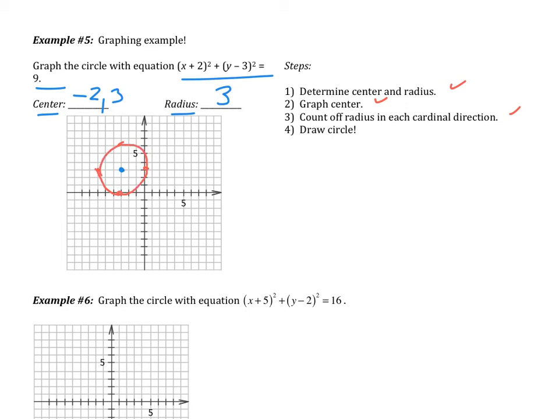Don't make a diamond, please, because it's a circle, so curve it through the 4 points that you created. All you're doing is going from the center north 3, west 3, south 3, east 3, because that's what your radius is. That gives you enough points to at least give you a good idea of where the circle is. That's it.